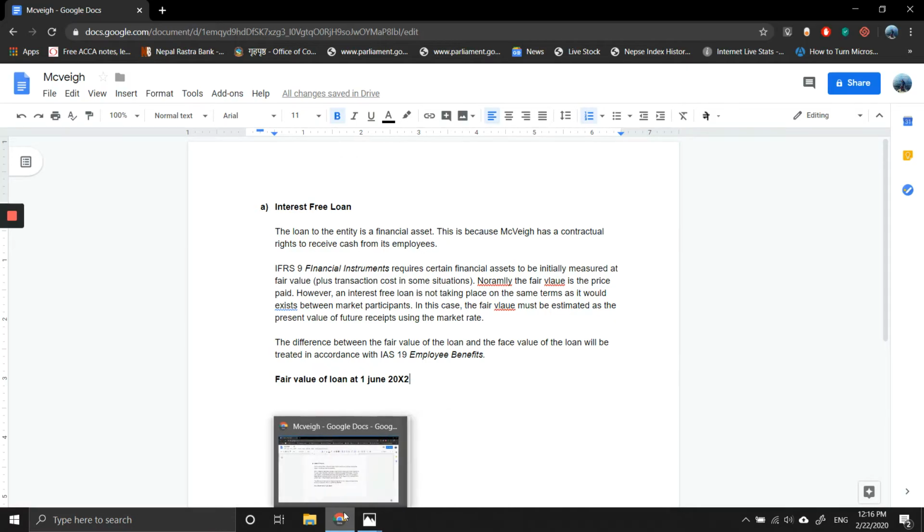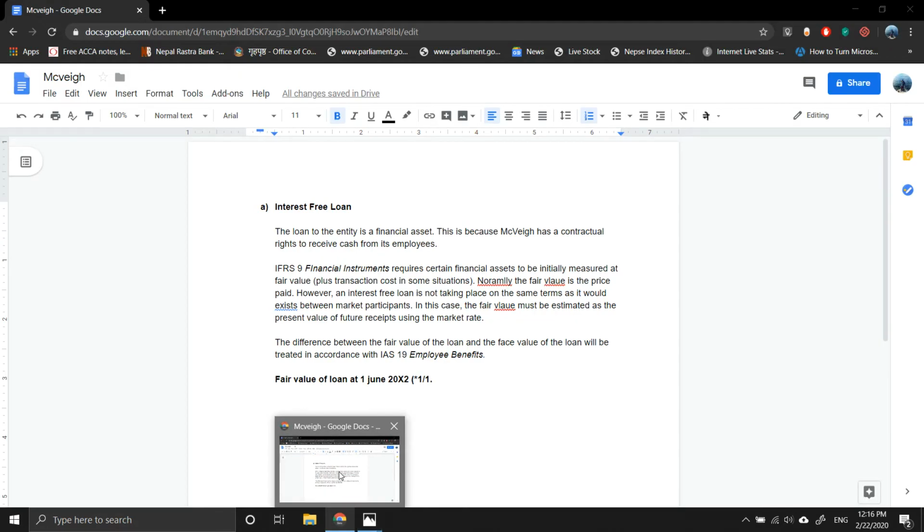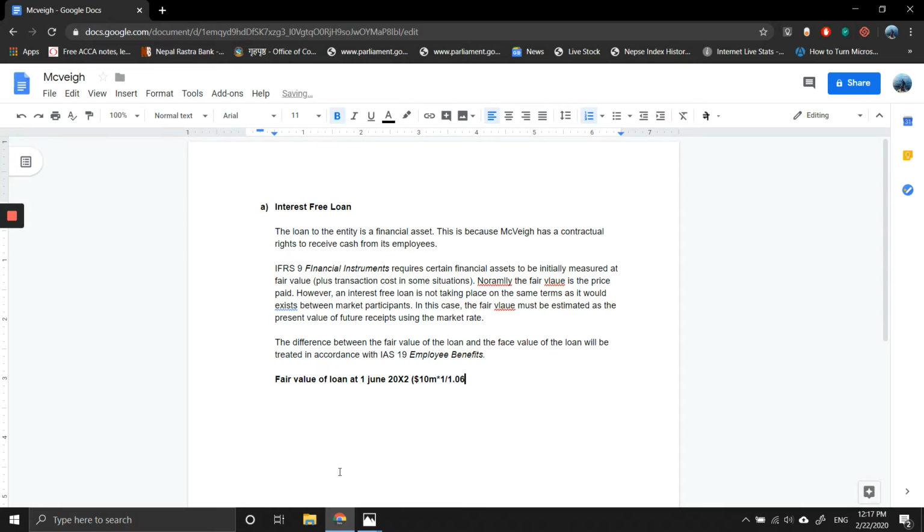Discounted over 2 years, so how much will it be? 10 million divided by 1.06 to the power 2, right?